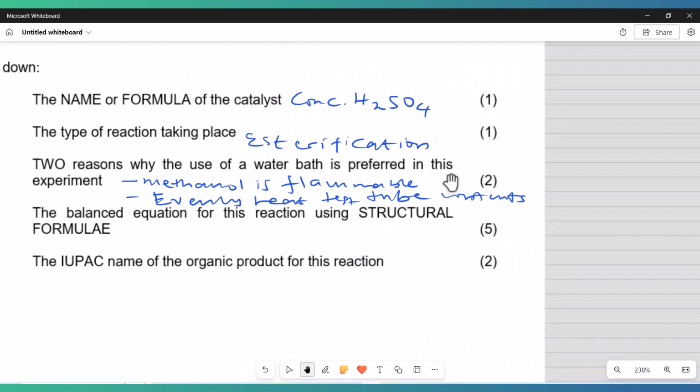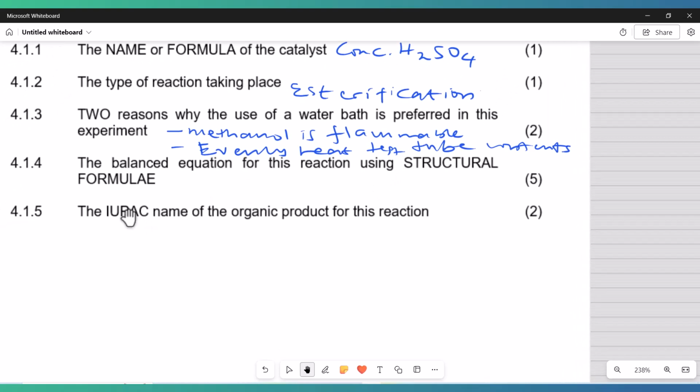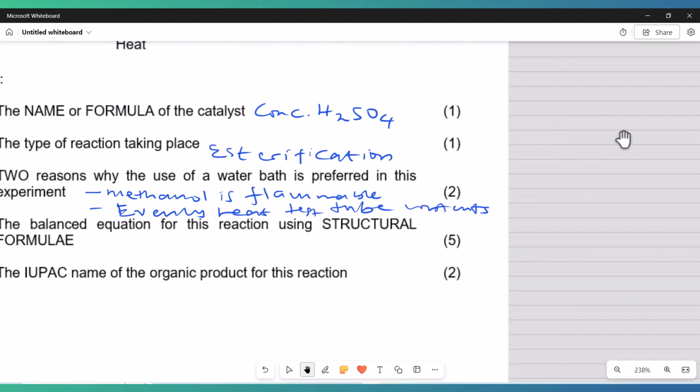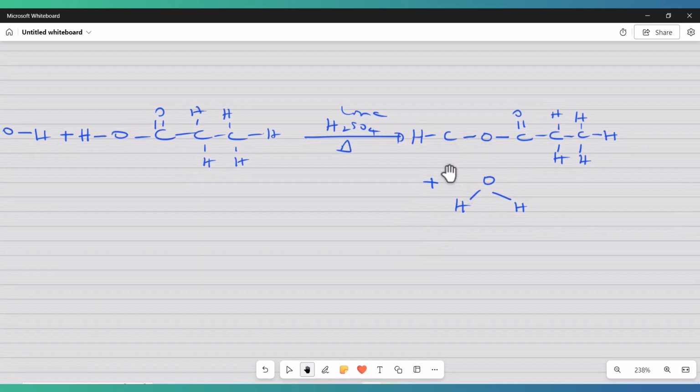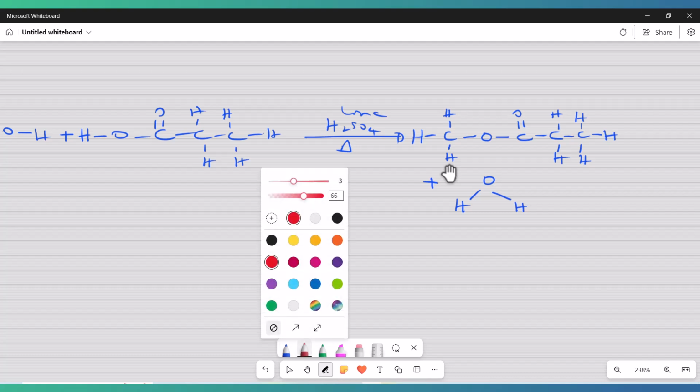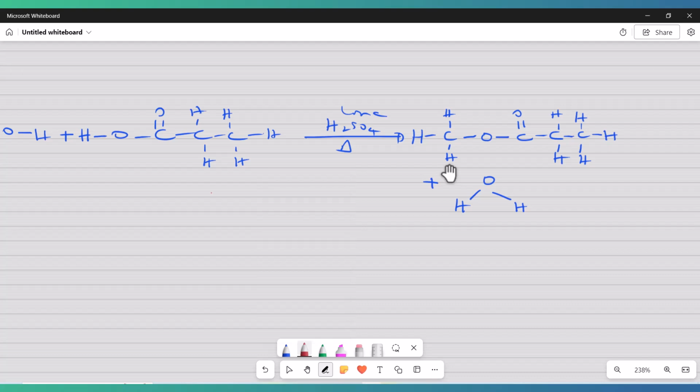Let us continue here. They asked for the IUPAC name of the organic product formed in this reaction. So for the IUPAC name, begin with the first part from the alcohol, which is the methyl. Yes, I forgot to put hydrogens here. This one must have 4 hydrogens as well. Now this first part forms the first part of the name. Let me use red here. This first part of the compound forms the methyl.